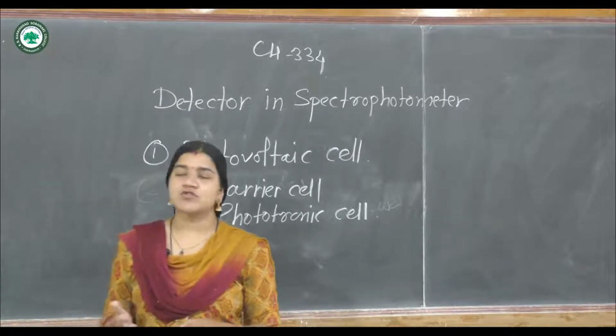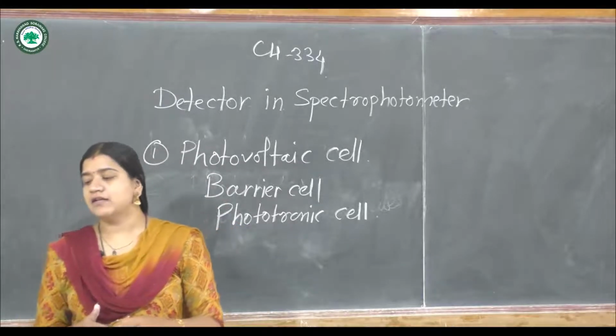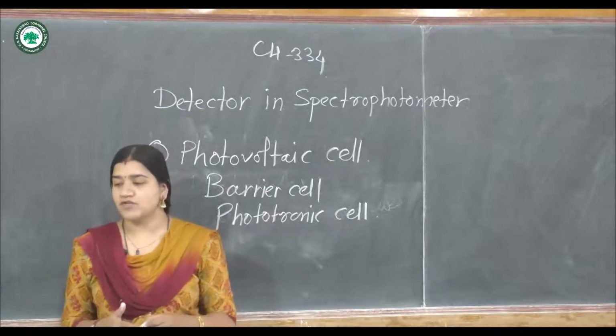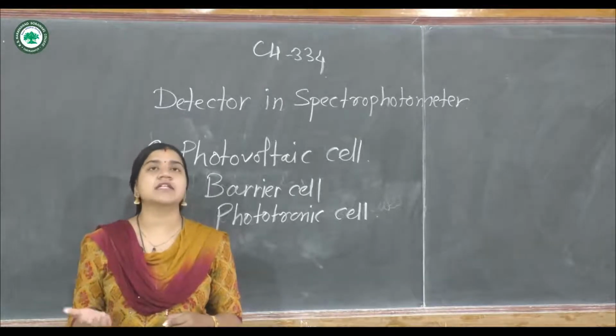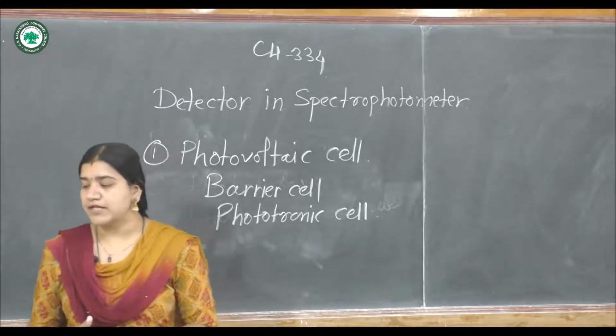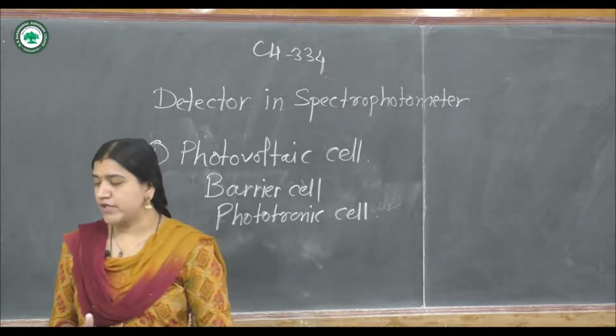The most commonly used metal is selenium, and it is deposited on the surface of the metal plate. After this, the semiconducting layer is covered by a layer of silver or gold.